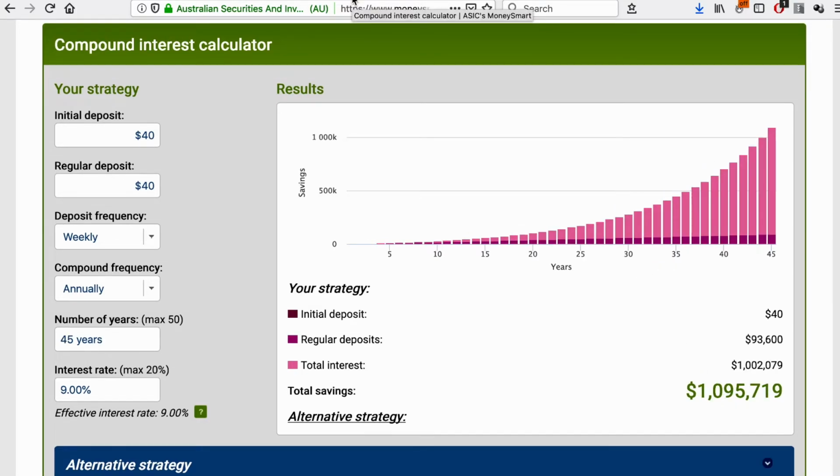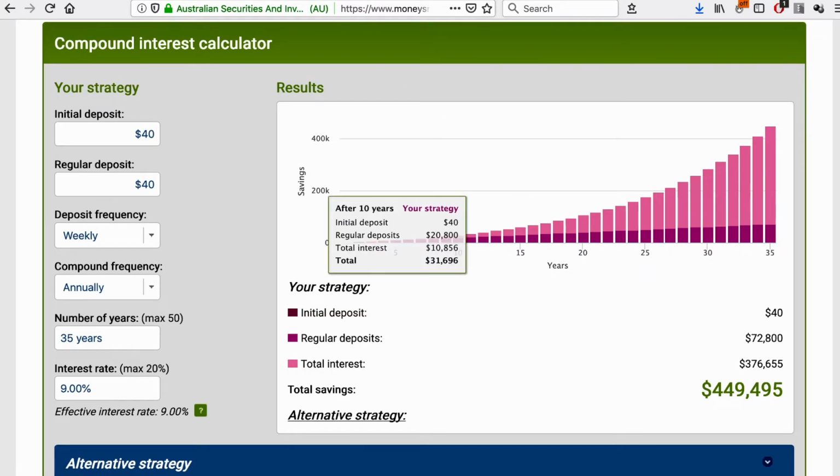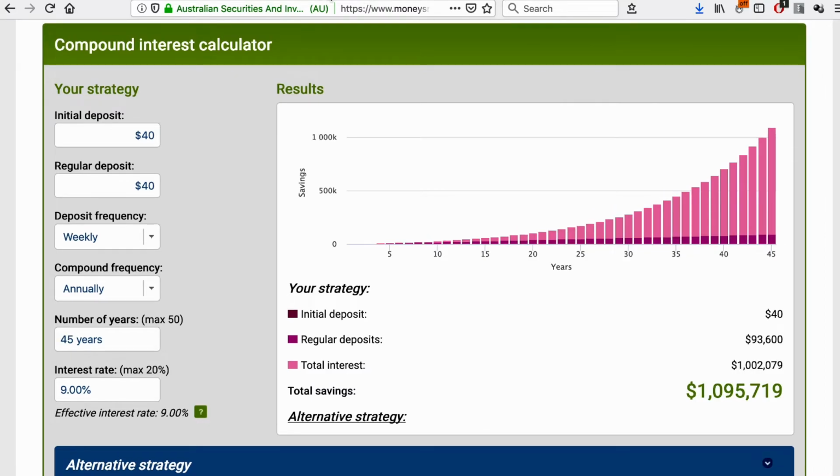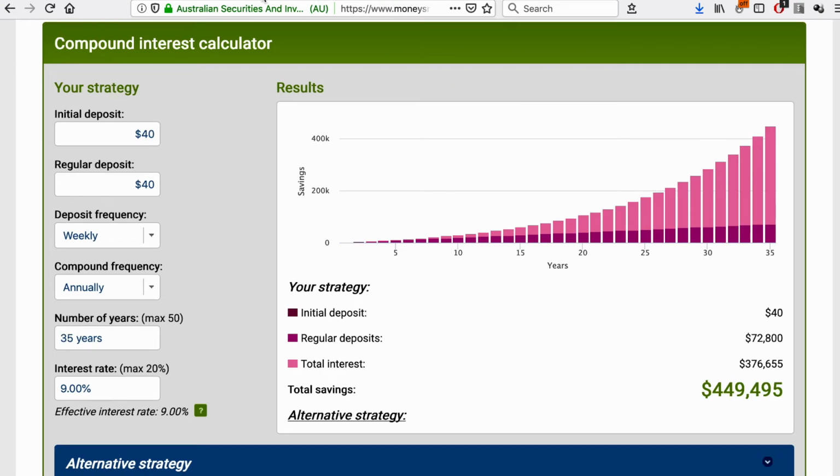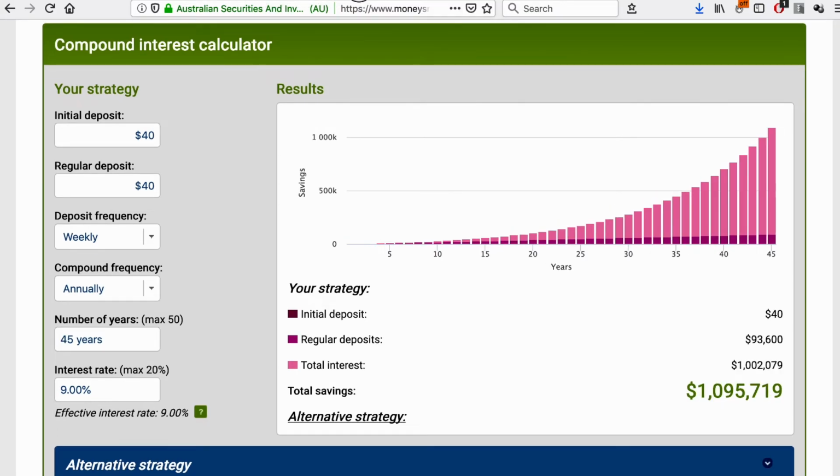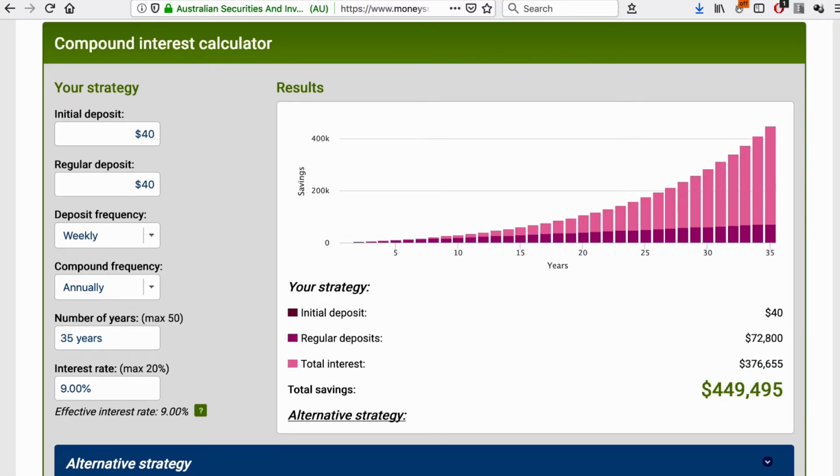So that 10 years of compounding makes all that difference. That's almost $600,000 just from that 10-year compounding. That's an incredible number. So if you start when you're 30 instead of 20, this is the difference that'll make. And that's just $40 a week. $40 a week. It's huge. And that's the power of compound interest.